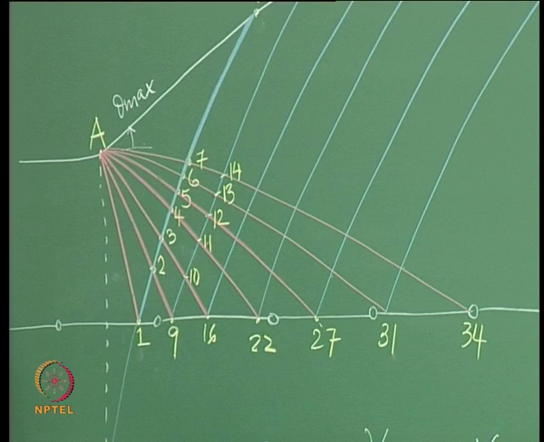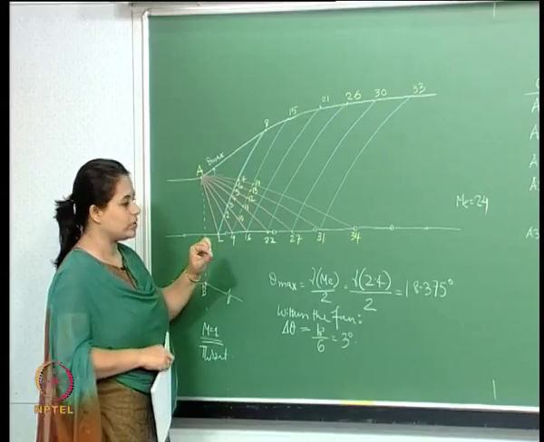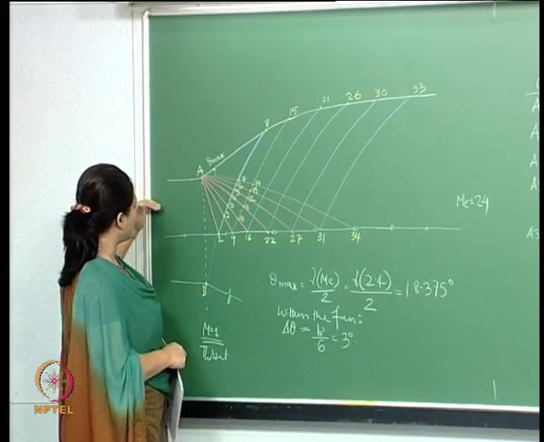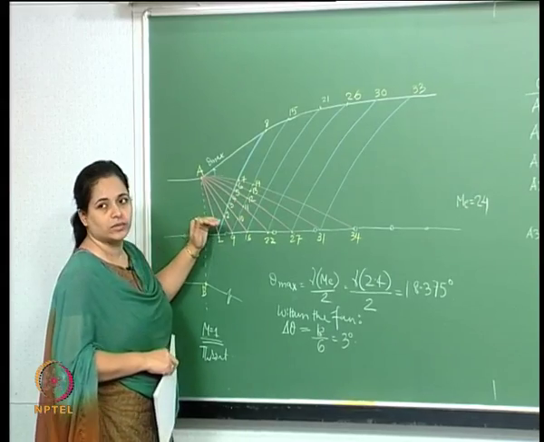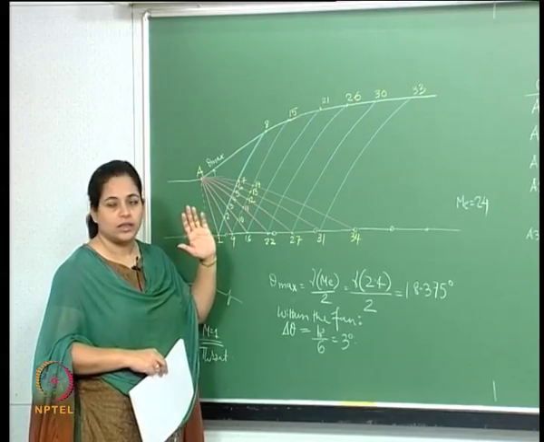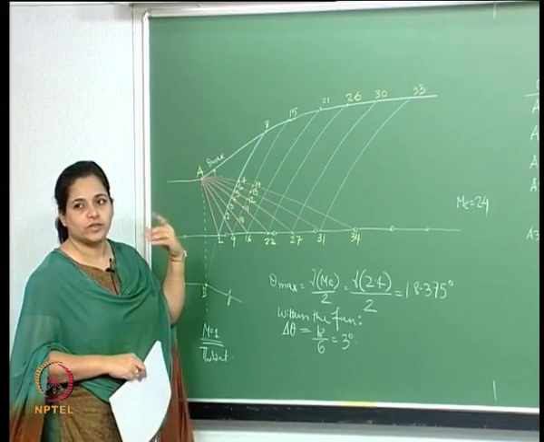Now look at this angle. This angle is 0.375, which is nearly 0. The flow entering here is sonic, so the Prandtl-Meyer function for that is 0.